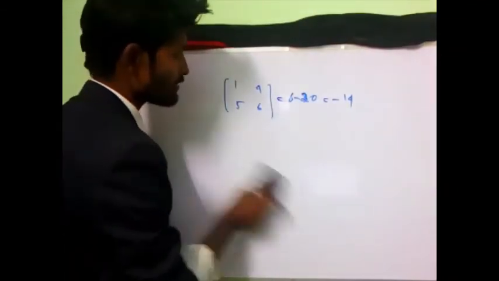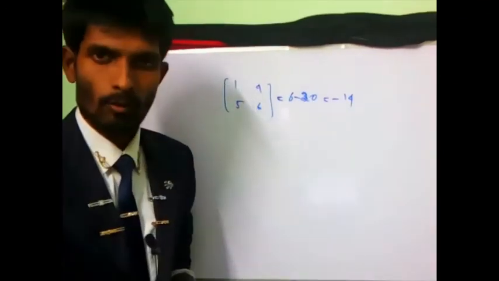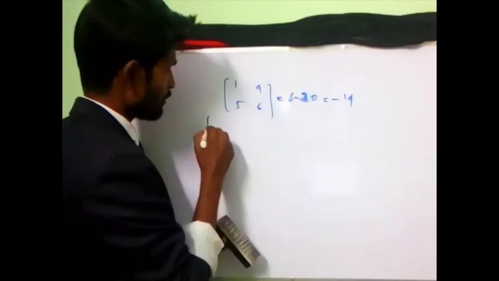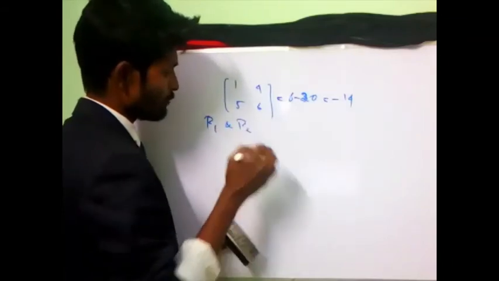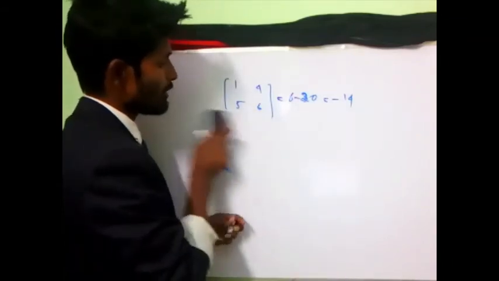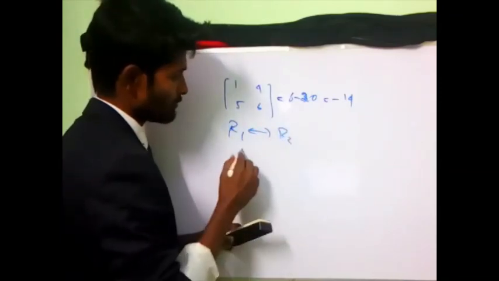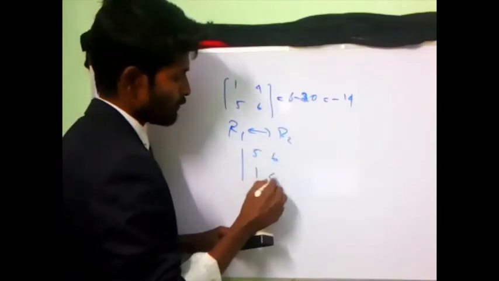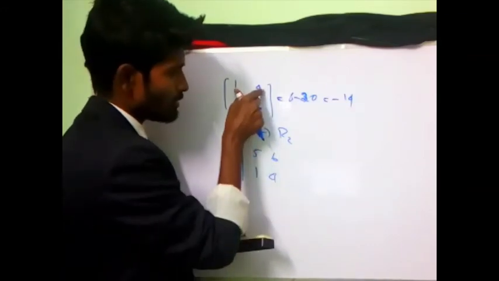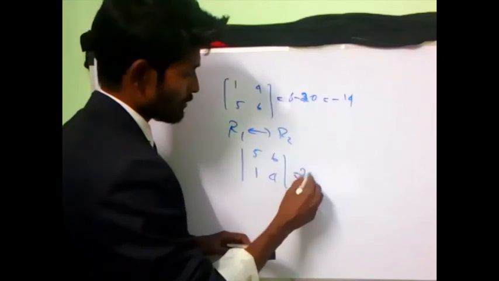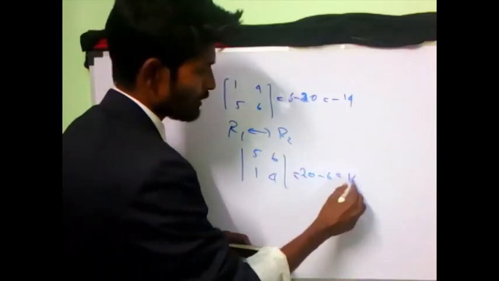For my convenience I interchange row 1 and row 2, R1 with R2. So row 2 goes to row 1 and row 1 comes to row 2: 5, 6, 1, 4. Now the determinant is 20 minus 6, which is equal to 14.